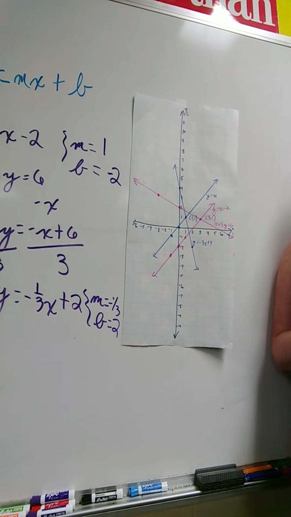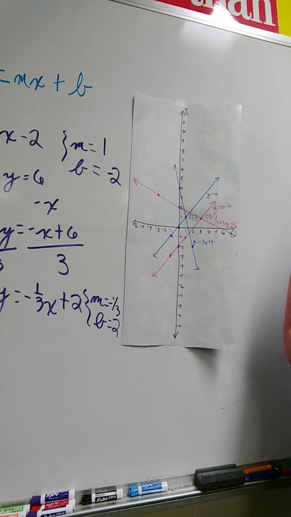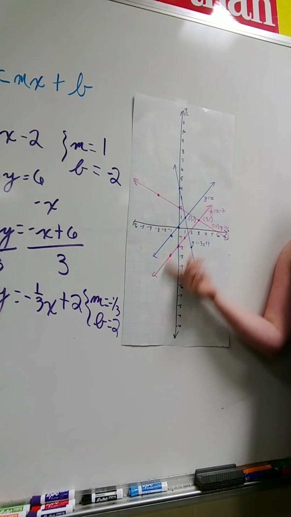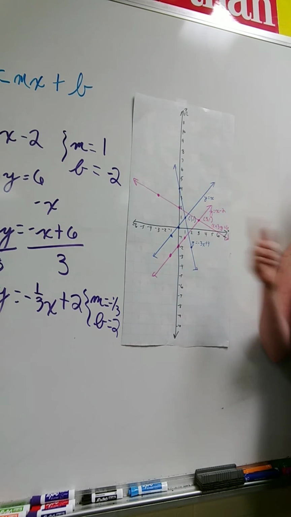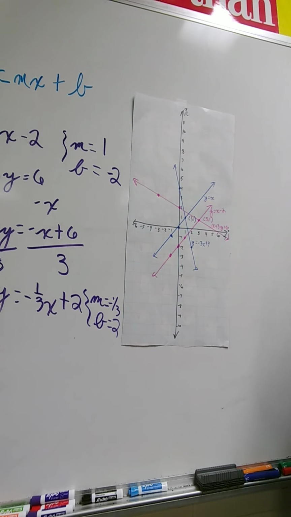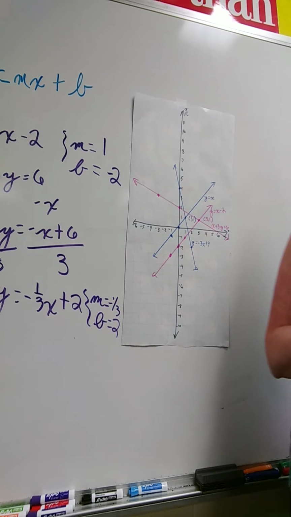Guys, this is deeper level thinking, okay? So stay with me. If we have two parallel lines on this graph, one's blue, one's pink. They have the same slope. So, can I say then that if two lines have the same slope but a different y-intercept, that they're parallel?